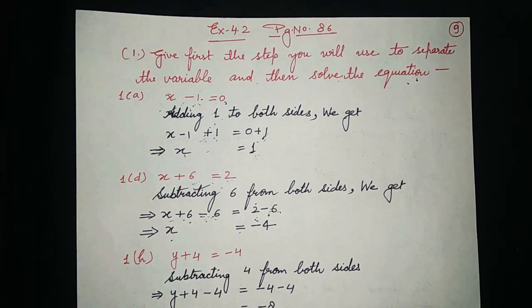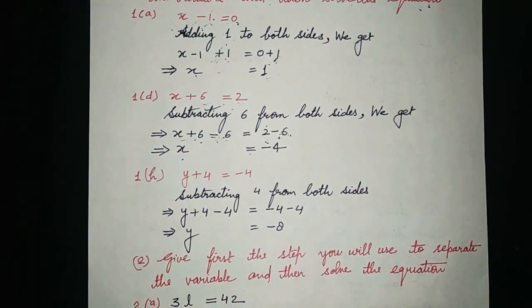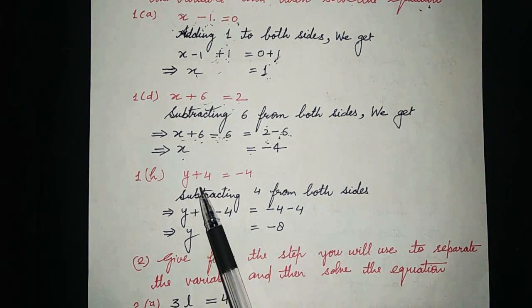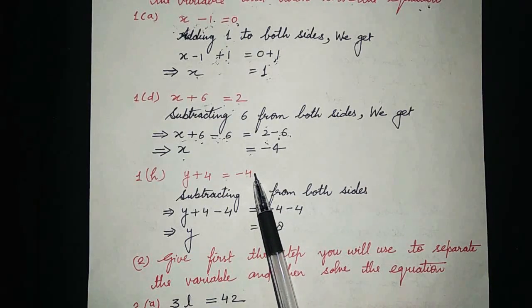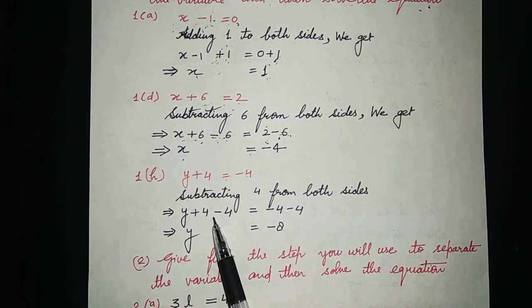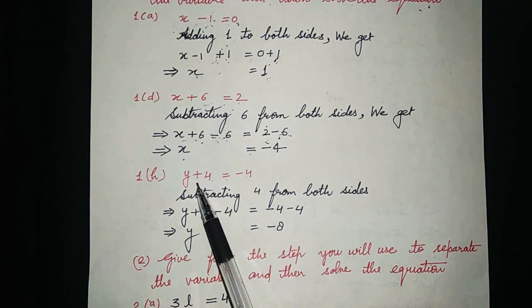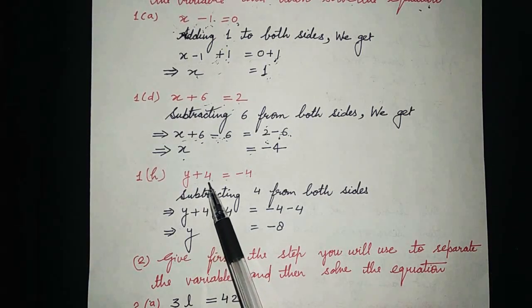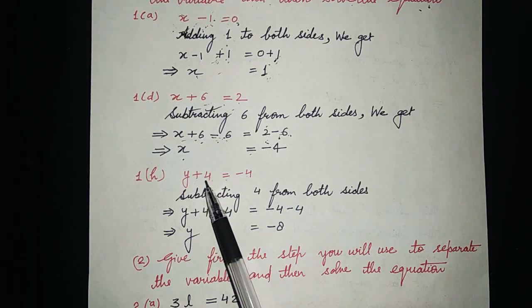Now you see the H part of the question. H part of the question is y plus 4 is equal to minus 4. Again for this question we will see what is after y. Here plus 4 is given in the equation as a constant.